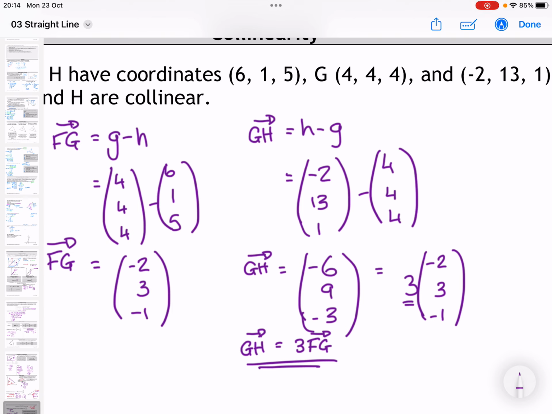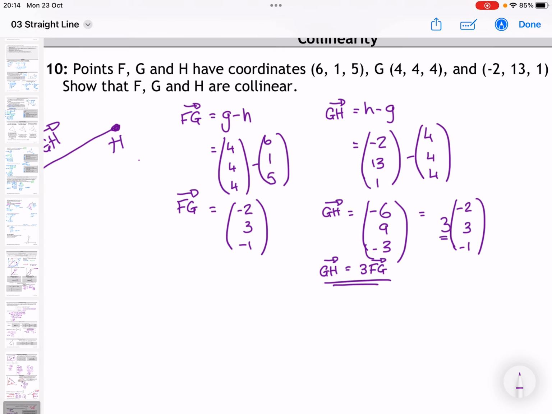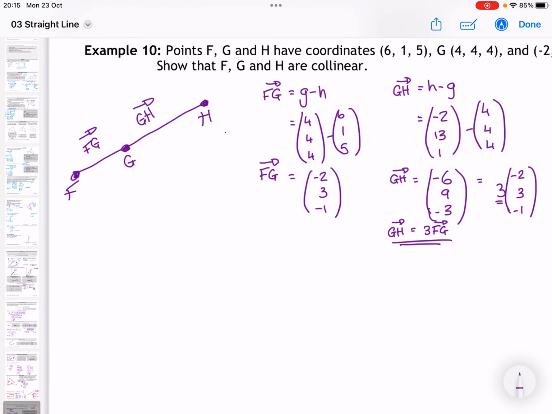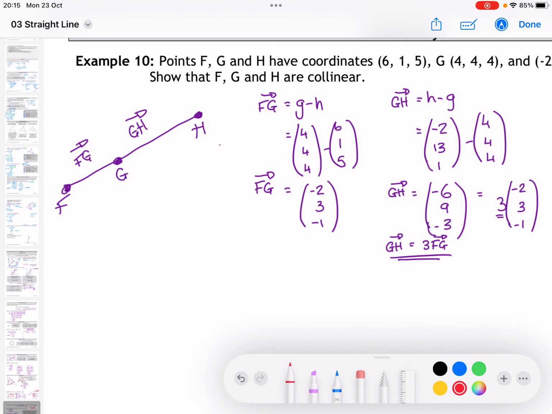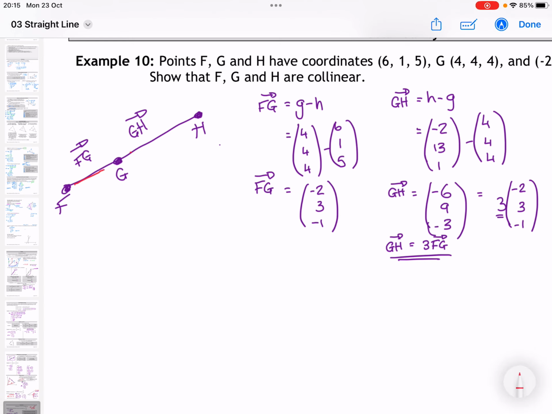It means that GH is 3 times the size of FG, but it does mean that they are collinear. So on our wee diagram, we would have FG here, and then we would do 3 lots of FG to make up GH.